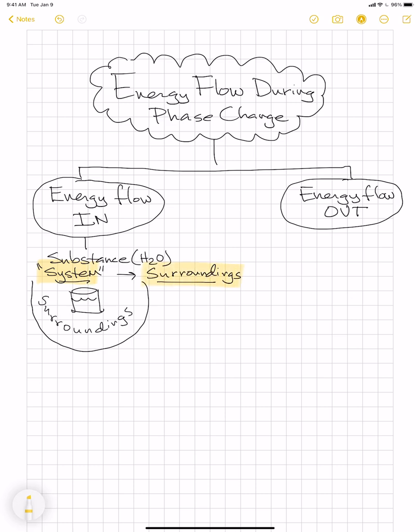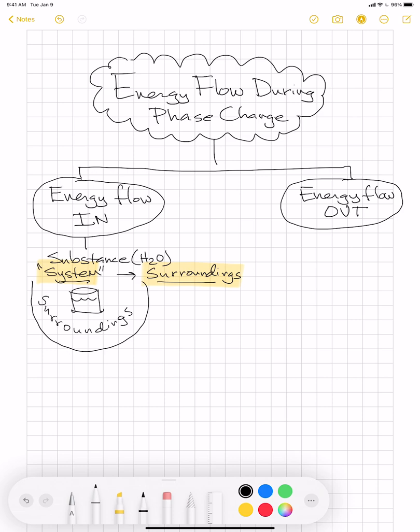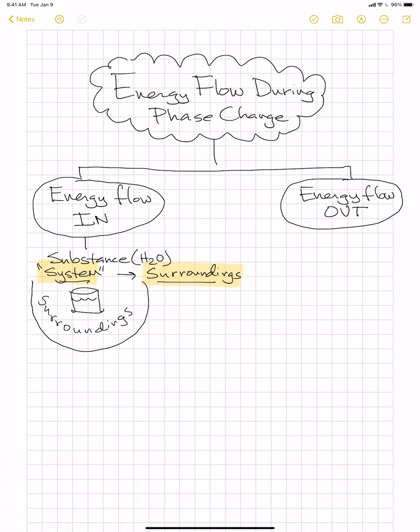In this case, and we'll just stick with this for now, we're talking about energy flowing in, so we have energy moving into the system. And we have a name for this.